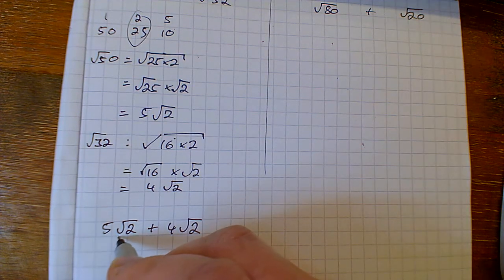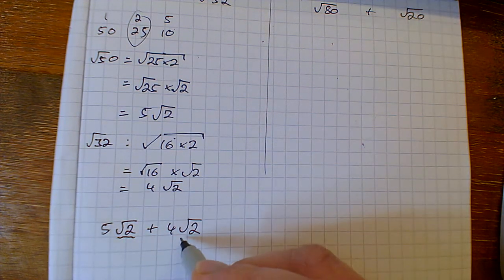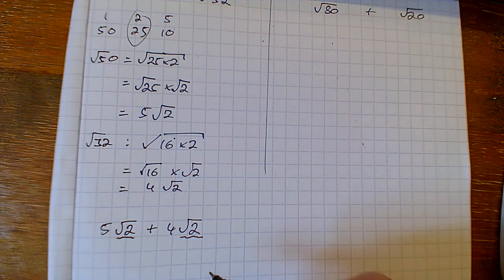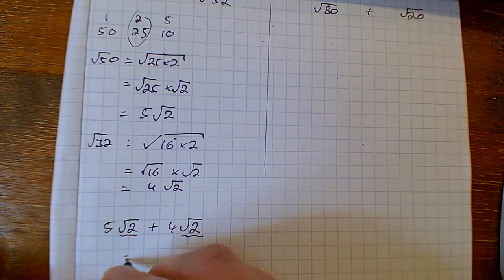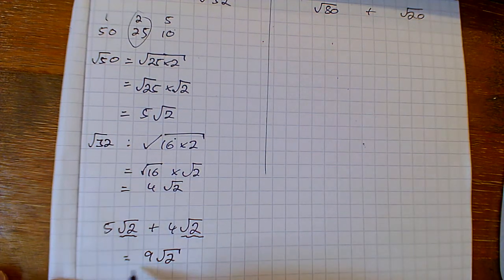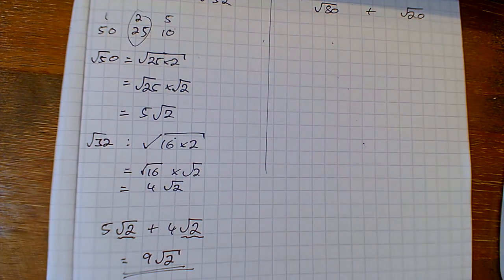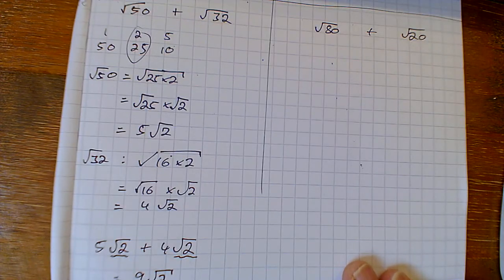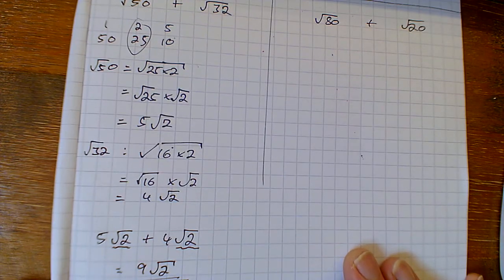Here I'm adding 5 root 2's plus 4 root 2's. So altogether that is 9 root 2's. And so the answer is 9 root 2. The square root of 50 plus the square root of 32 is 9 root 2.